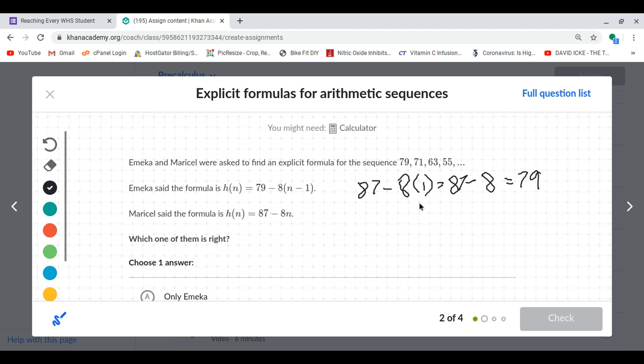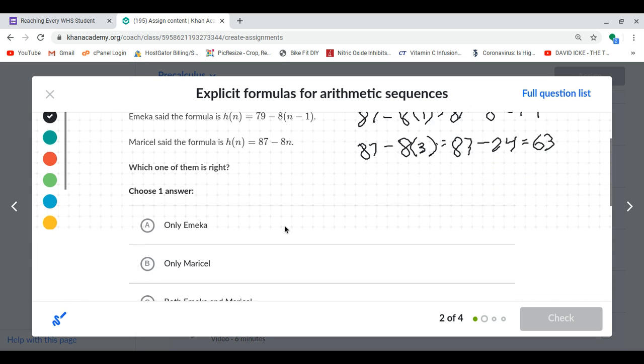Let's check it for, say, the third term. So 87 minus 8, we're going to put in 3 here. 8 times 3 is 24. 87 minus 24 is going to equal 63. So that one does work also.